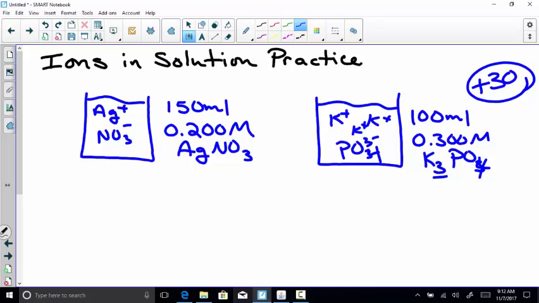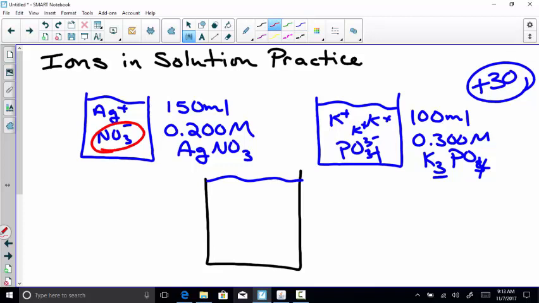Question B says now these two beakers are mixed, so draw what would be in the final beaker. This is really something you should be able to pick out. We should be able to pick out what exactly reacts just by looking at these two things. We should know that all nitrate ions are soluble and all potassium ions are soluble.